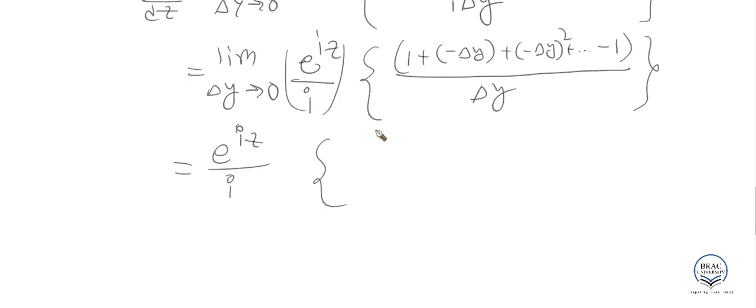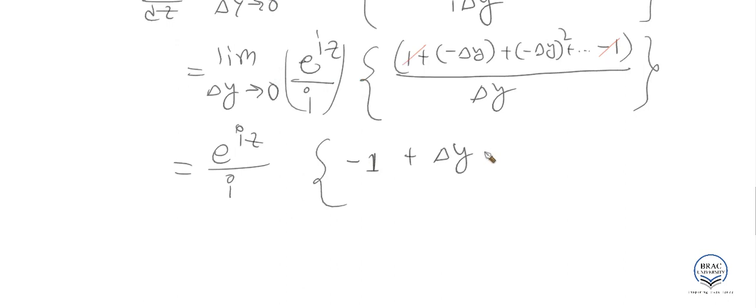So if you do this, this minus 1 and this 1 will cancel each other out. So let's mark them down. This one and this one cancels out. These two will produce a minus 1. So the first term will be minus 1. The second term will be plus del y.